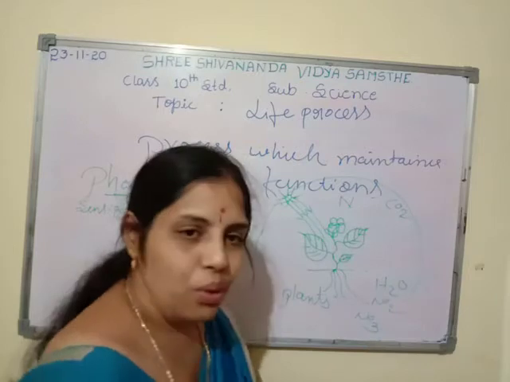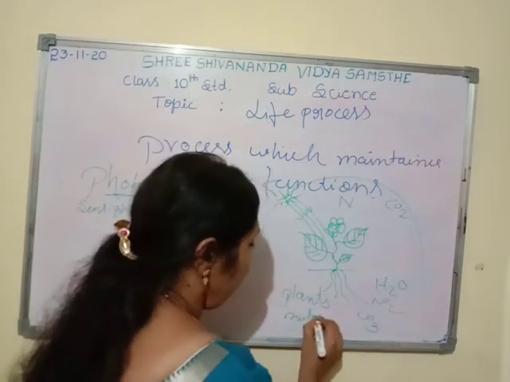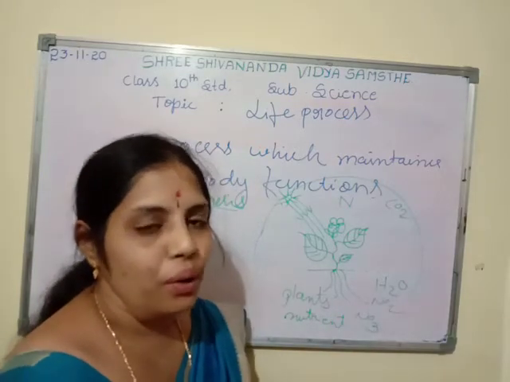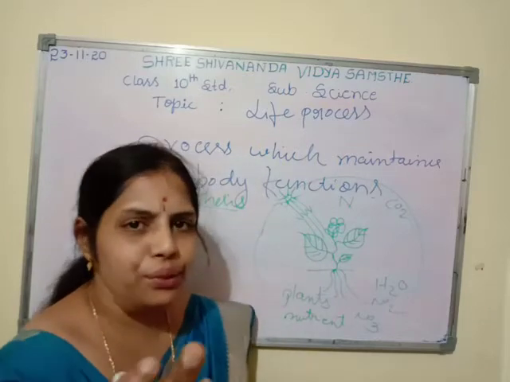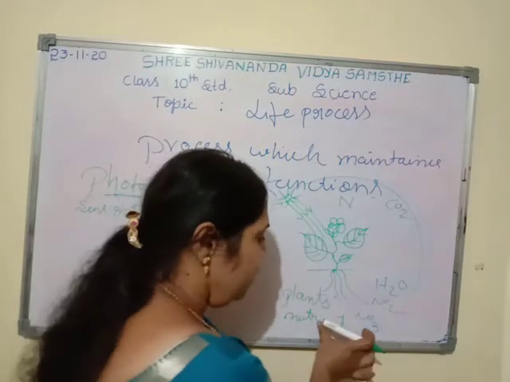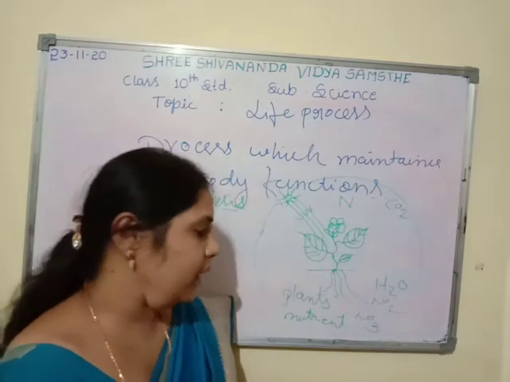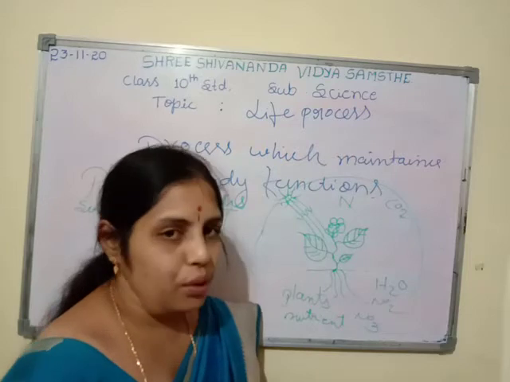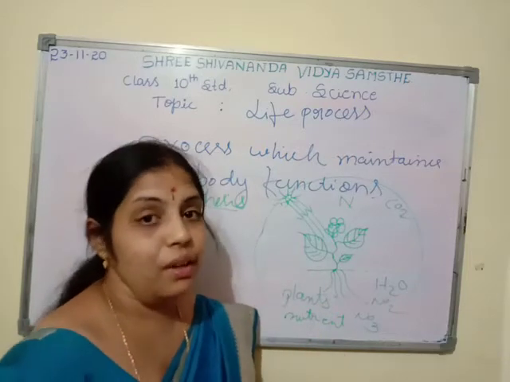So they need water and nutrients, that is micronutrients and macronutrients. There are about 16 elements that you know about. In the soil many nutrients are there, macronutrients and micronutrients, such as phosphorus, nitrogen, magnesium, zinc, chromium.